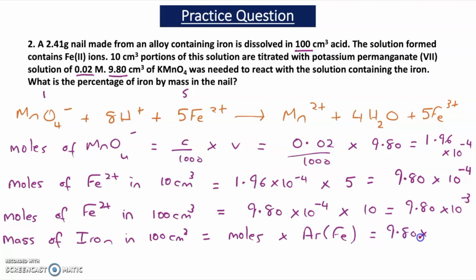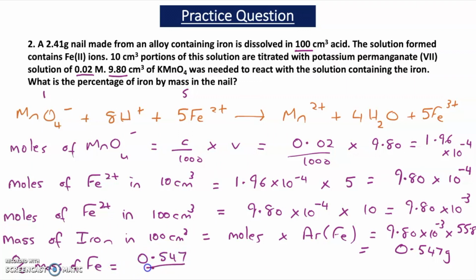So if we do 9.80 times 10 to the minus 3 and times it by 55.8, we will get the mass of iron in the original 100 cm³ sample in grams, and this comes out to be as follows: 0.547 grams.